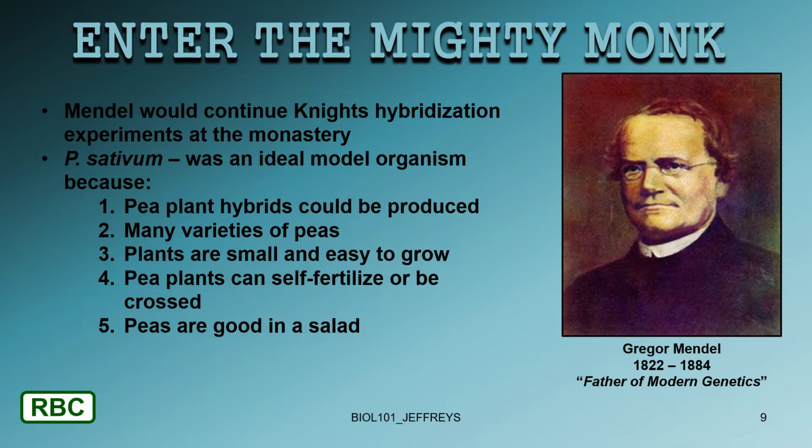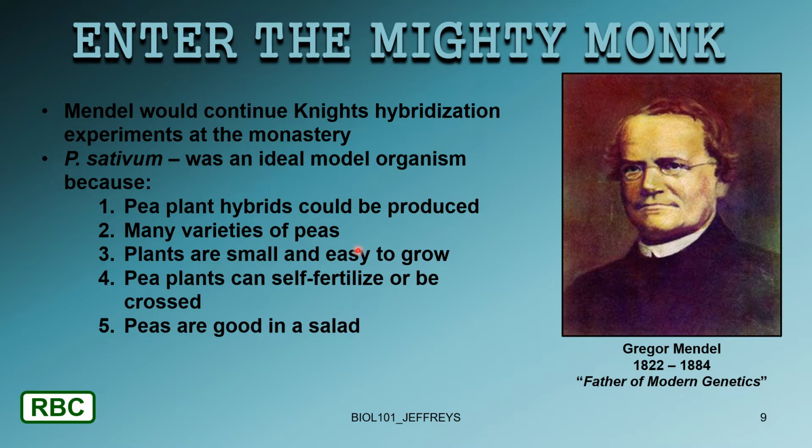And so he took the pea plants. He used the pea plants because it was an ideal organism for several reasons. Hybrids could be produced, green seeds crossed with yellow seeds, purple flowers crossed with white flowers. There are many varieties of peas.